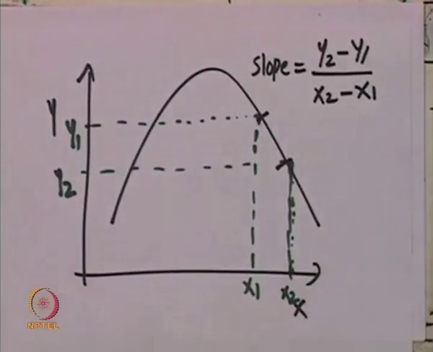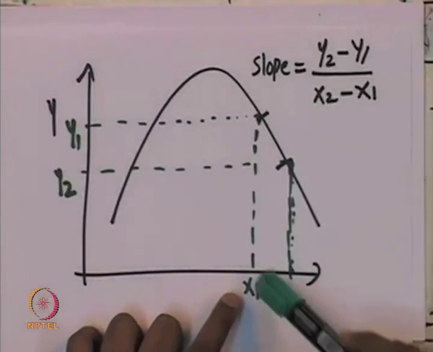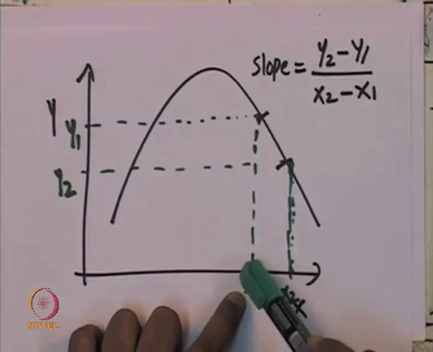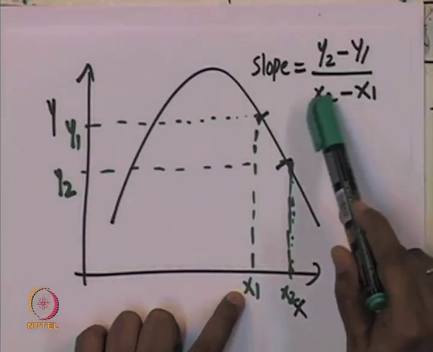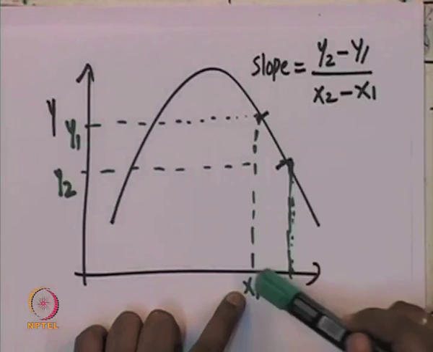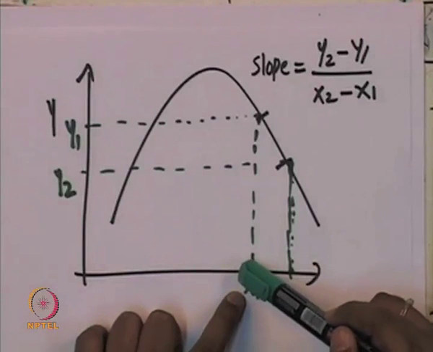This is the derivative, this is the definition of slope. Now, let us look at what is x2 and what is y2. As you can see here, x2 is larger than x1, so x2 minus x1 is positive.